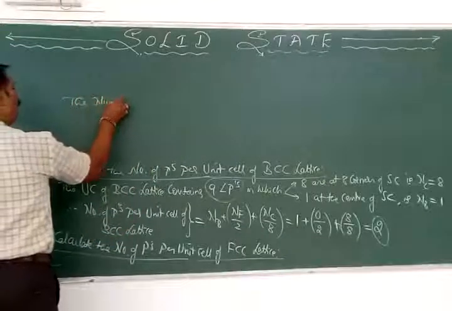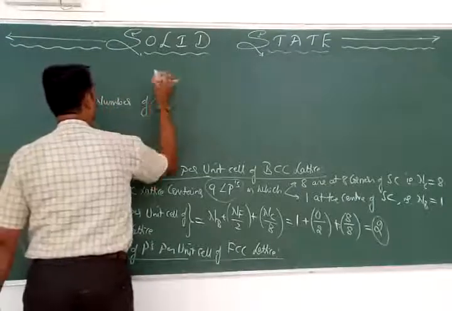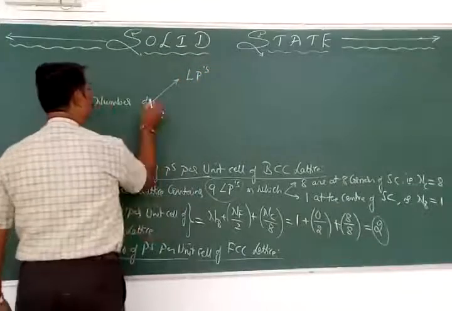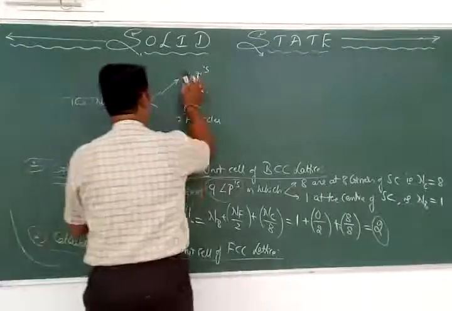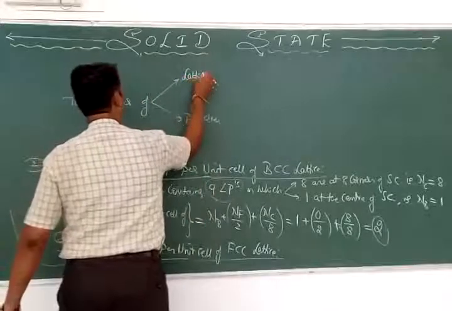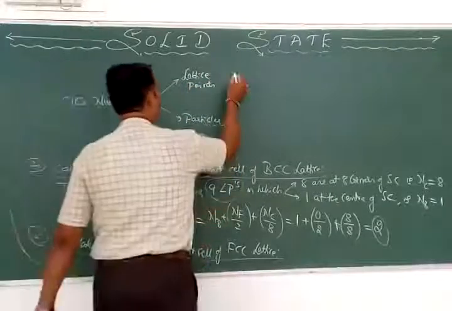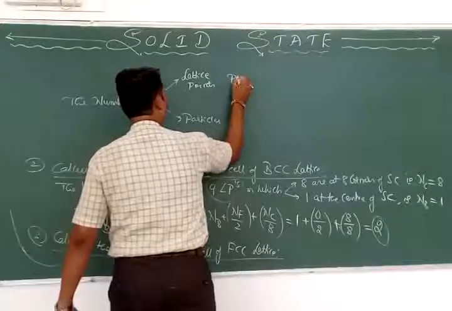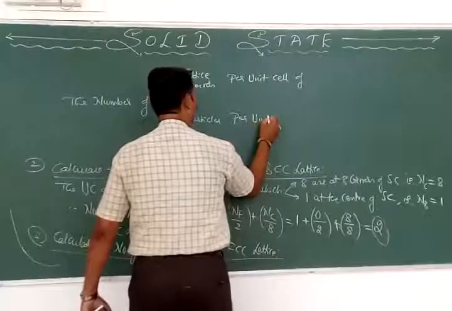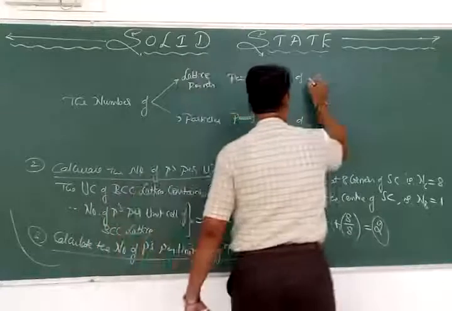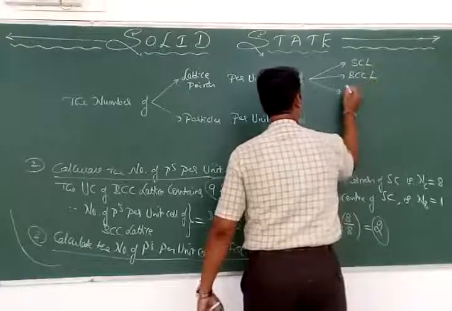For example, the number of lattice points, and the number of particles per unit cell of SCL, BCCL and then FCCL.